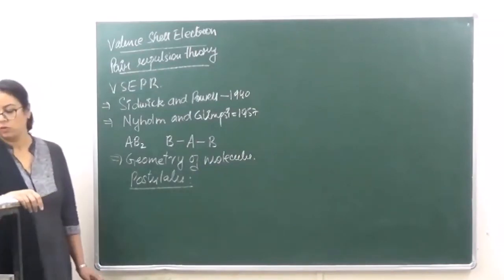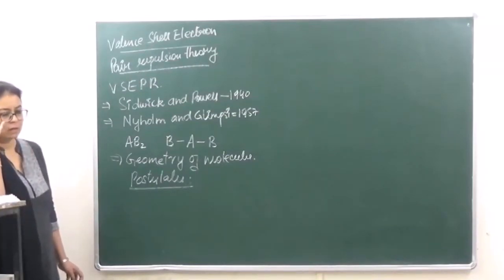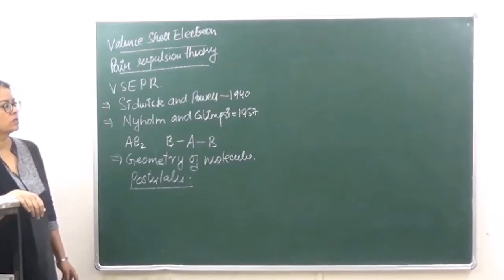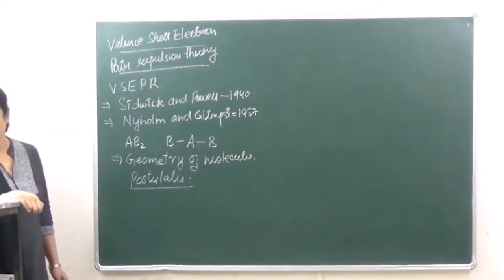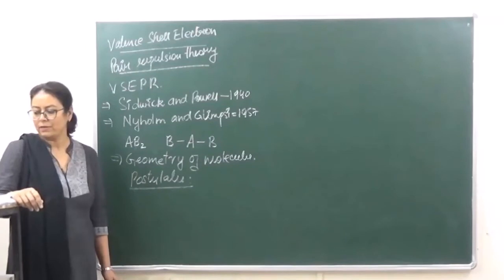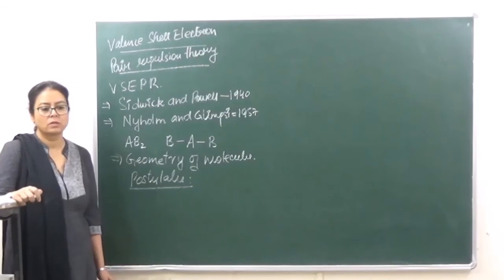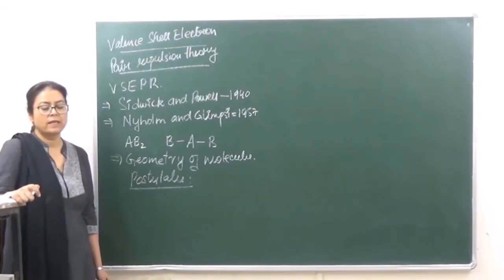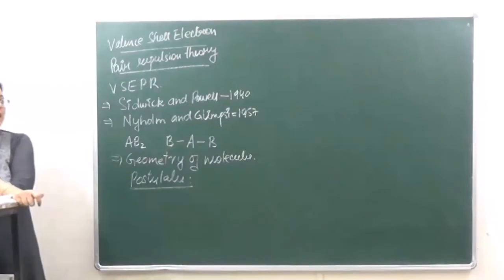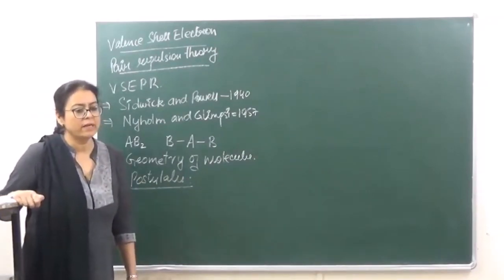Number two, pairs of electrons in the valence shell repel one another since their electron clouds are negatively charged.